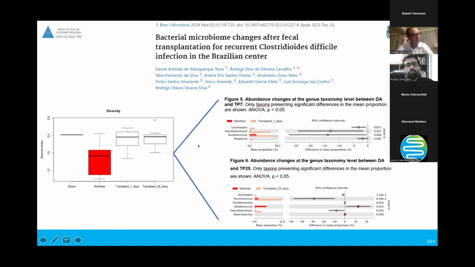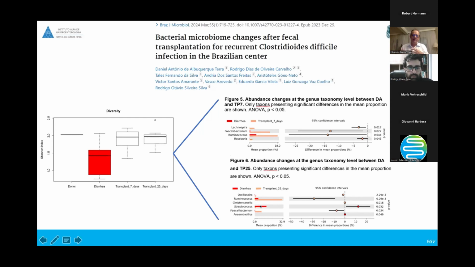And you see here that we can offer a modification in the microbiota of these patients. You see here some genera and species of the Firmicutes phylum, and these Firmicutes are maintained until day 25. But here Streptococcus appears more frequently.